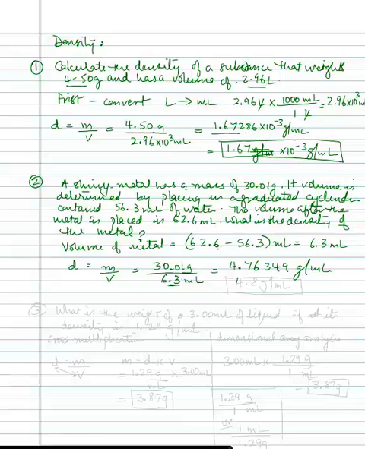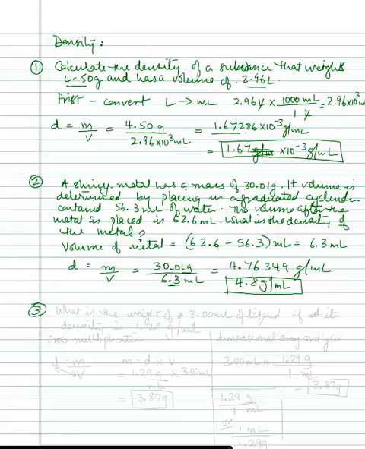Our lowest significant figures is 2, 6.3, so this comes out to be 4.8 grams per milliliter. So you can see how much of your accuracy you lost in doing this calculation. This is kind of what happens in the lab also, where you end up losing some of your accuracy because your instruments are a little bit different.